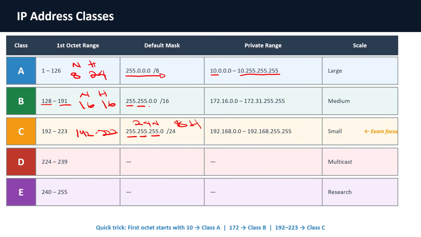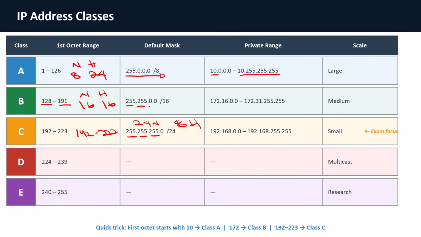Class E was reserved for experimental purposes and research. It ranges from about 240 to 255, and I will not spend a lot of time on it.